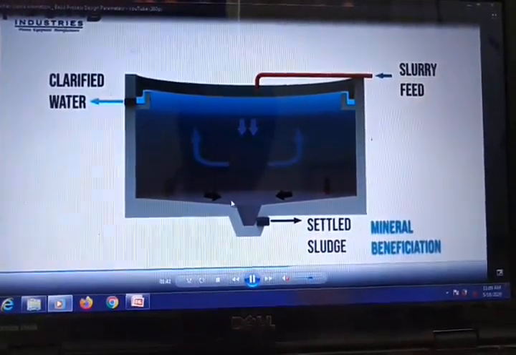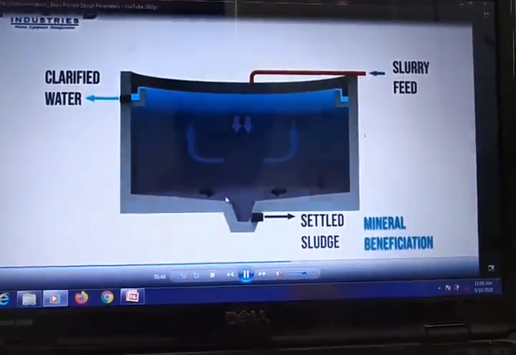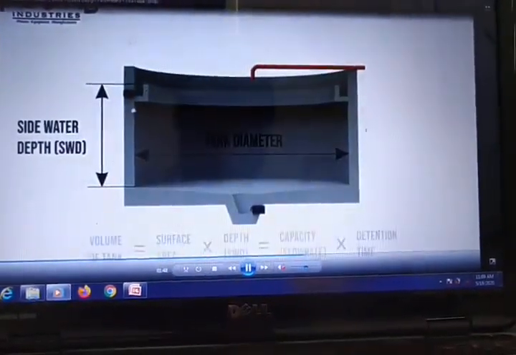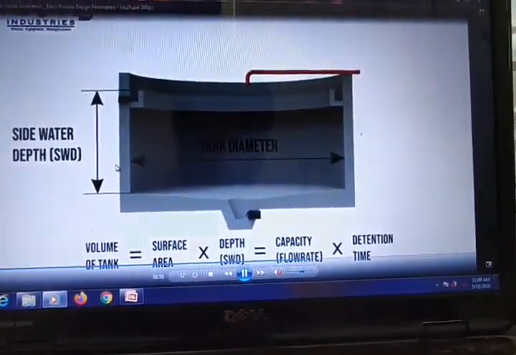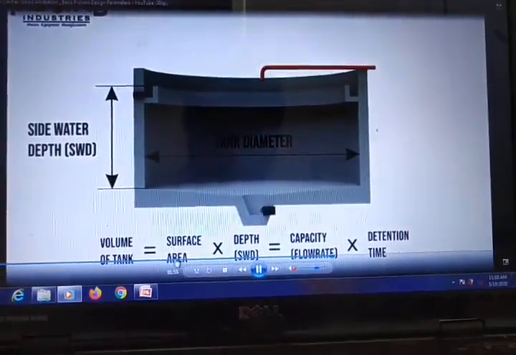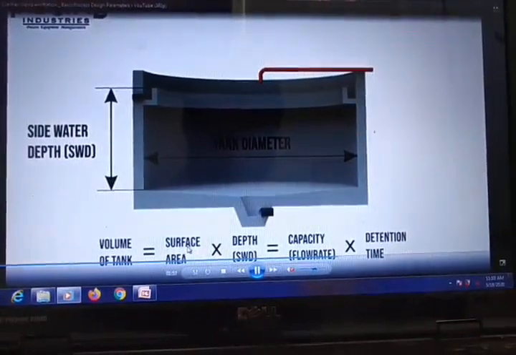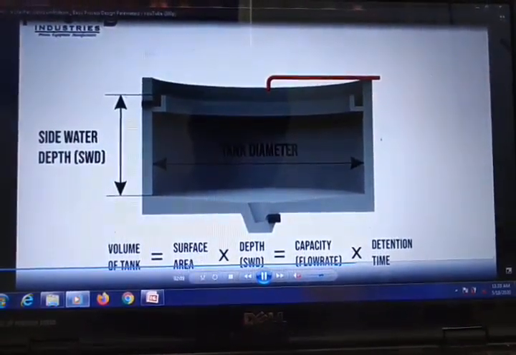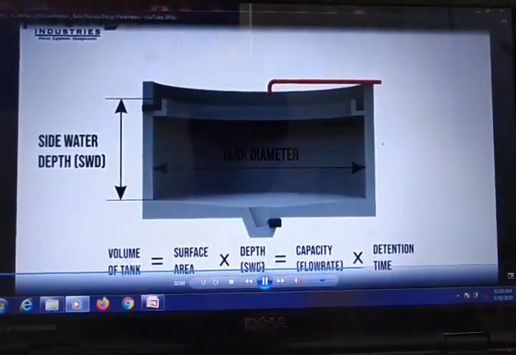Here the important design parameters are the detention time and also the depth. This is called the side water depth, that is the effective depth of a clarifier. The volume of the tank is given by the surface area, which is usually circular. If it is circular, then the area is pi d square by 4, into depth.